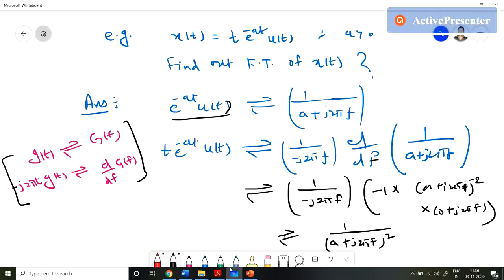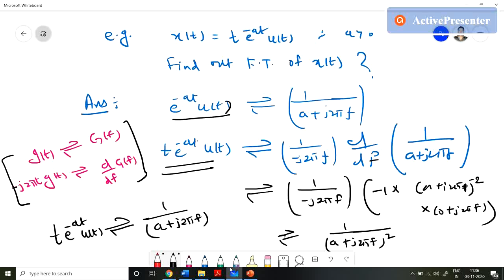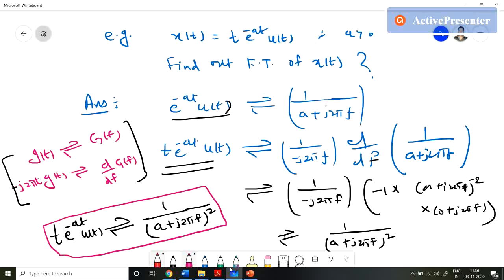So the solution is the Fourier transform of t e raised to the power minus at into u(t): 1 divided by a plus j 2 pi f whole square.